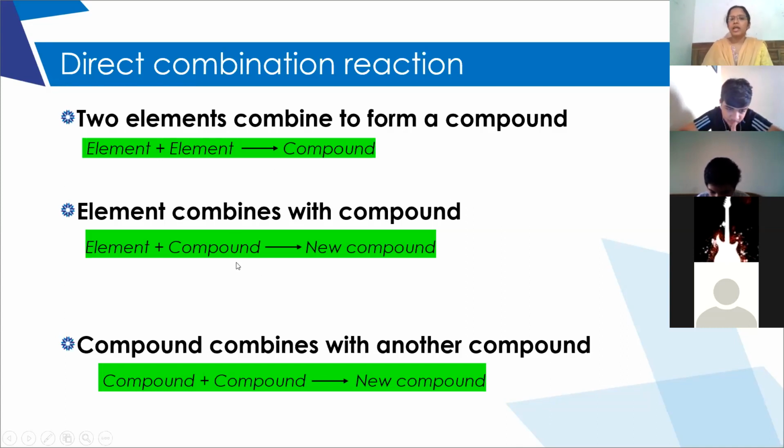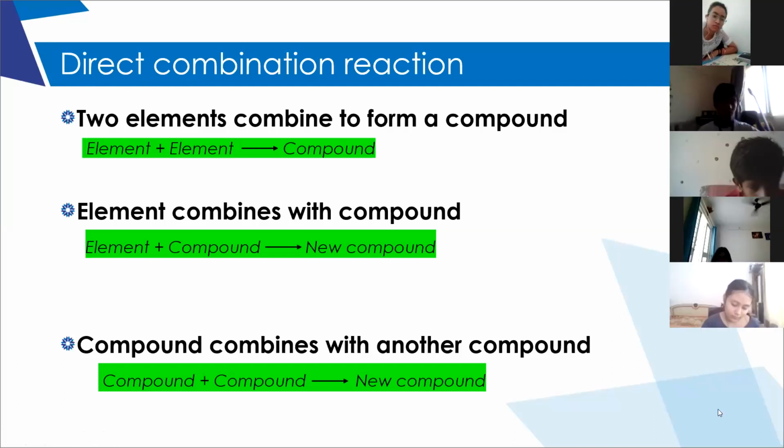Next, there is another type of combination reaction, in which an element combines with a compound to give a new compound. So this is the second type of combination reaction, where an element will combine with a compound. Can anyone give an example, Neo? Can you give an example for this one?